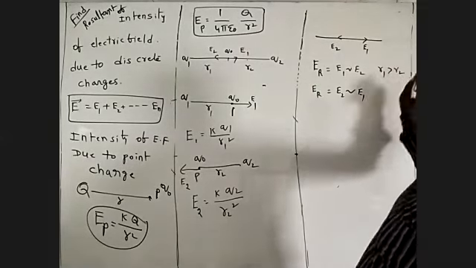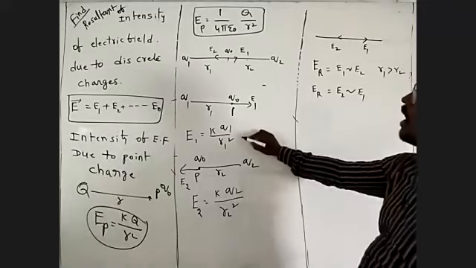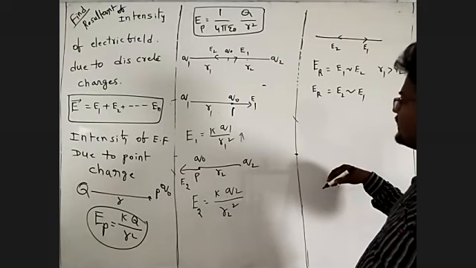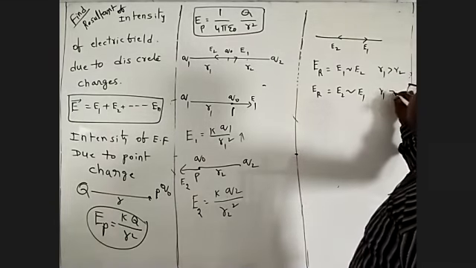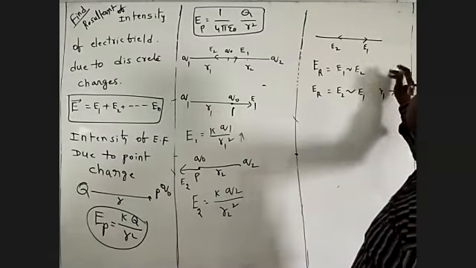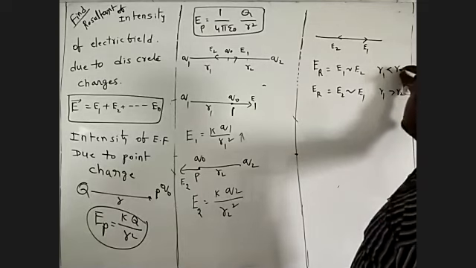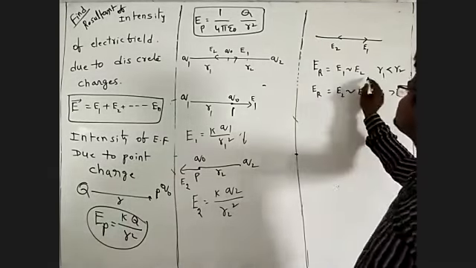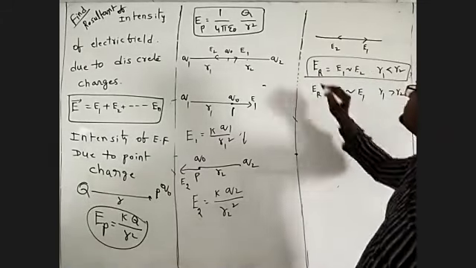If R1 is greater, then E1 is less. And R1 less than R2 means R1 is less, so E1 is greater. Now you can take this condition.